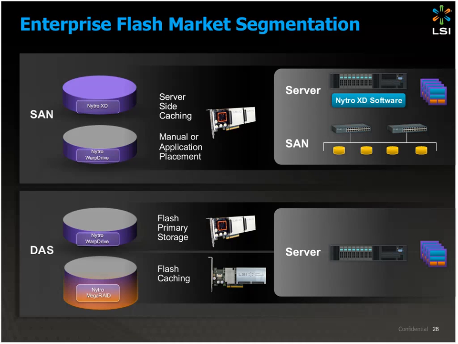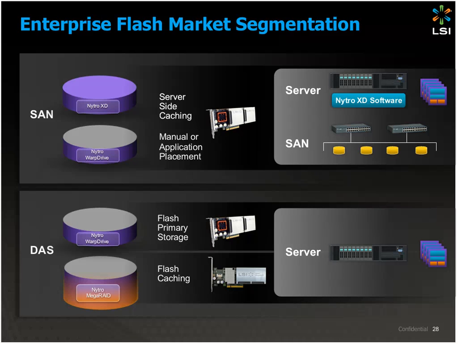Or you can use Nytro Megarate to protect your data with RAID and get the same types of caching performance through integrated onboard cache. Or in SAN environments, you could use it for SAN-side acceleration or server-side acceleration connected to SANs. And our XD software is agnostic to the I/O, to the application, to the operating system, to the file system.